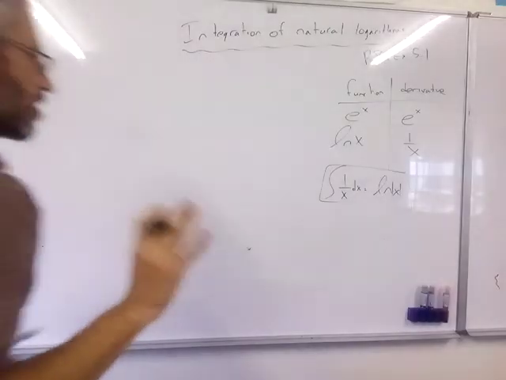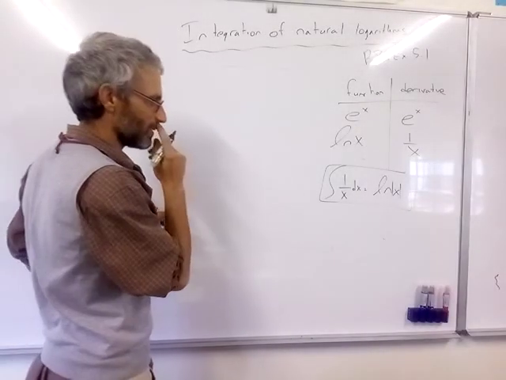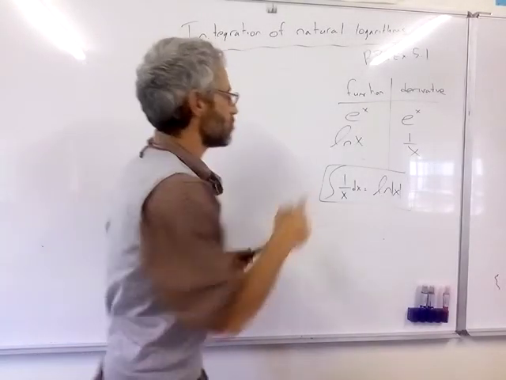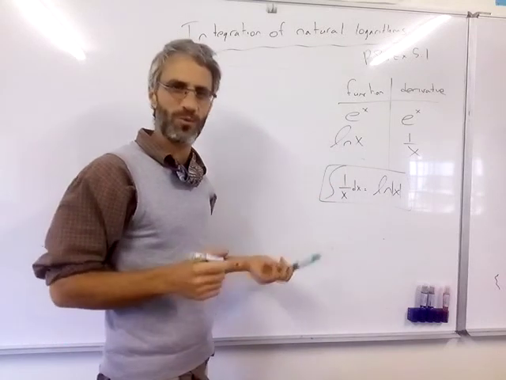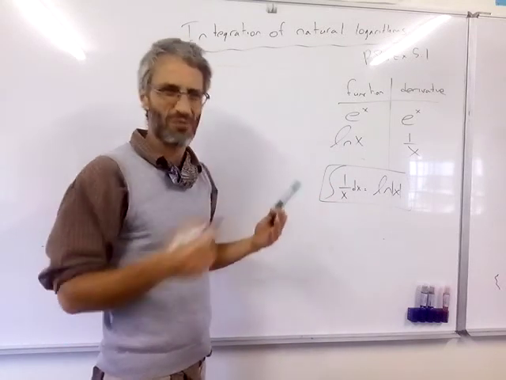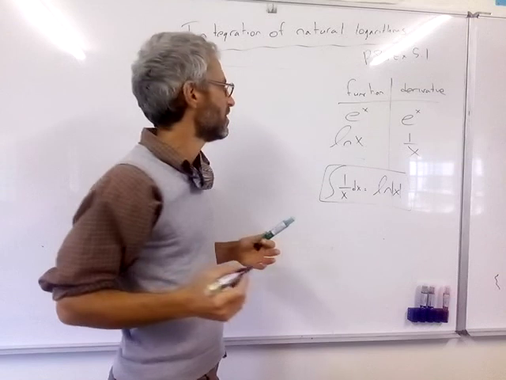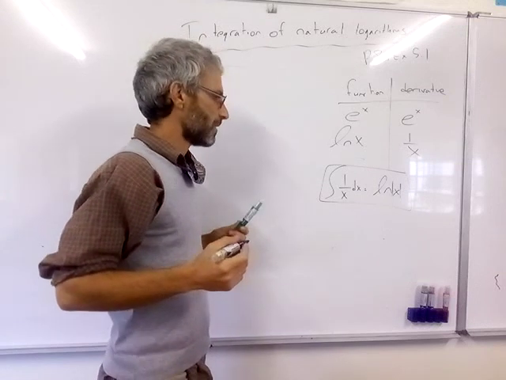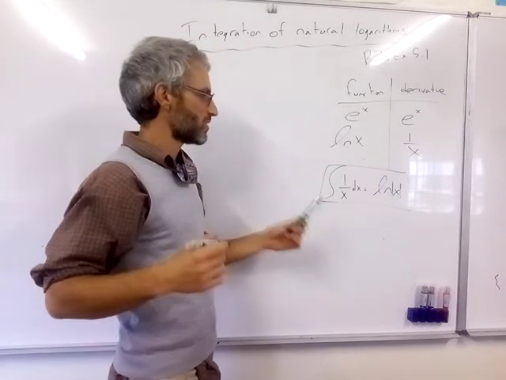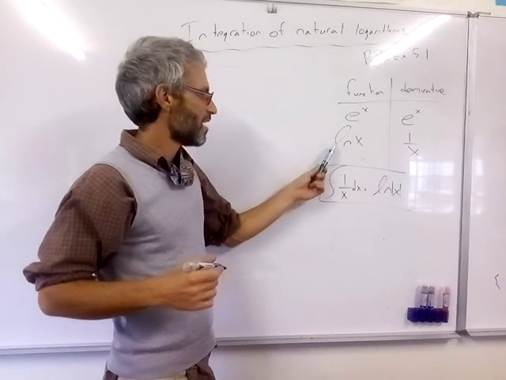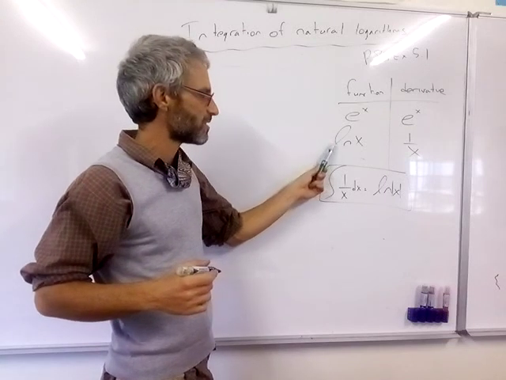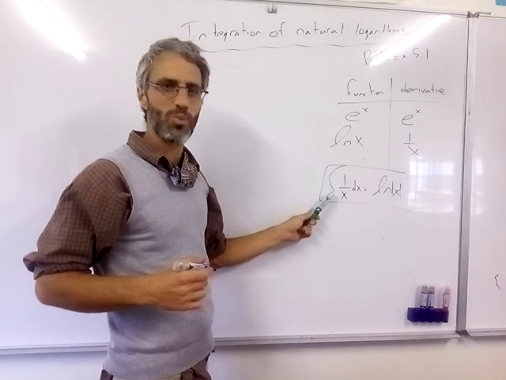Maybe one last thing before I go into the examples. When we introduced this log x, it was, if you remember, a bit random. Where's that log x from? That's not the reason why I introduced it, but still, it's quite a good thing, because if we didn't have this log x, we wouldn't be able to integrate 1 over x.